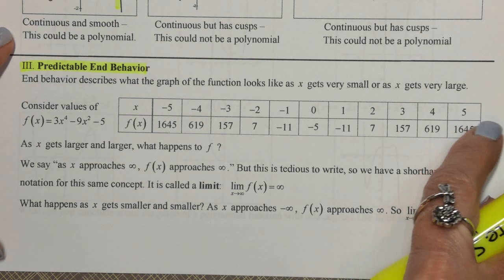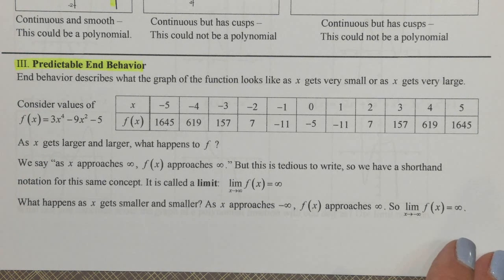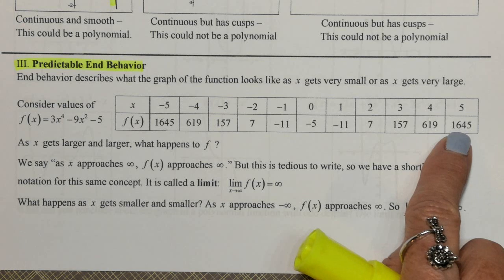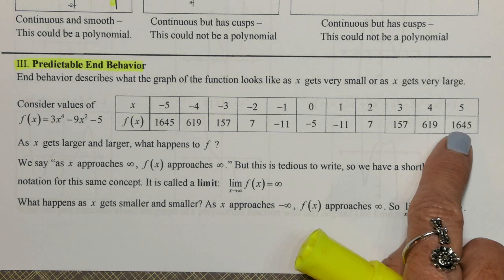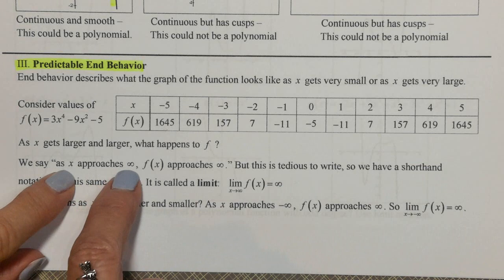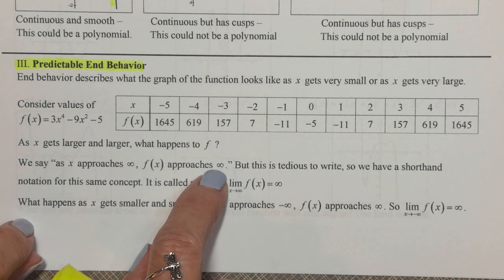As x approaches positive infinity, as x gets very large, the function is approaching infinity, getting extraordinarily large. So we say as x approaches infinity, f of x approaches infinity.